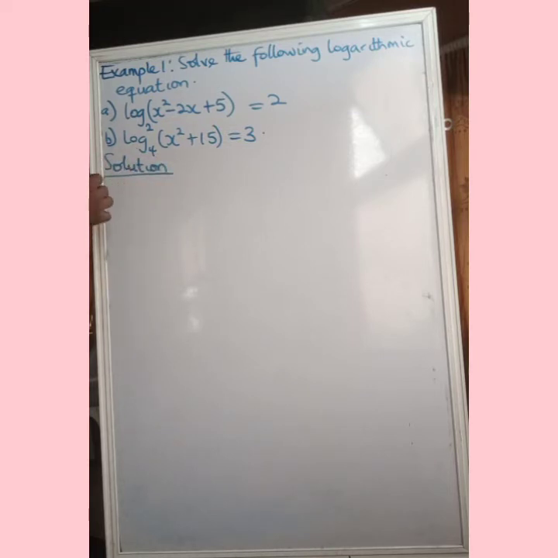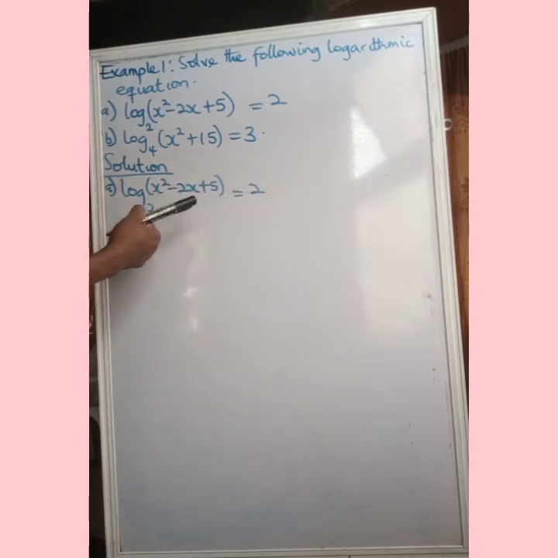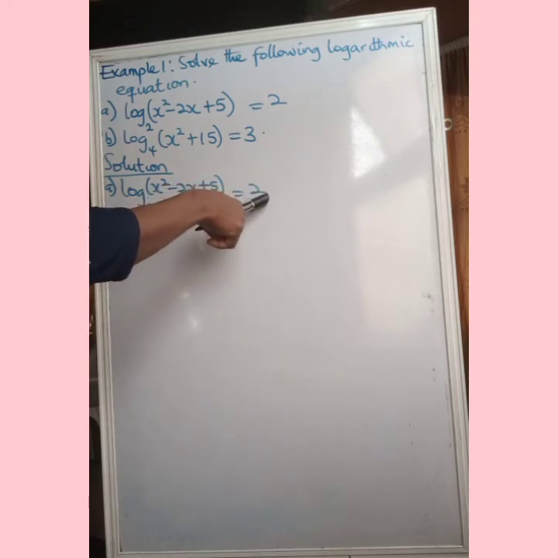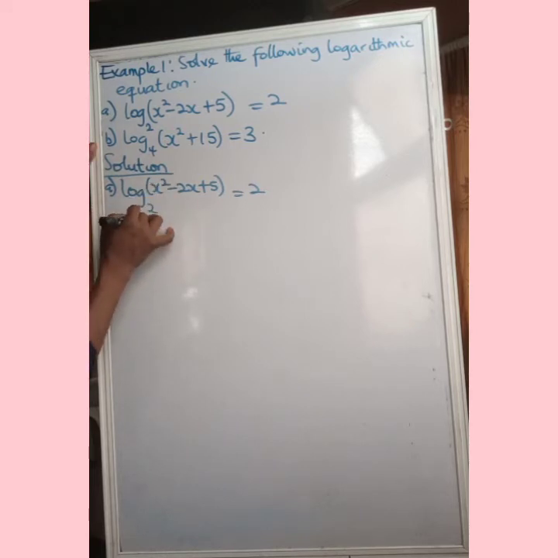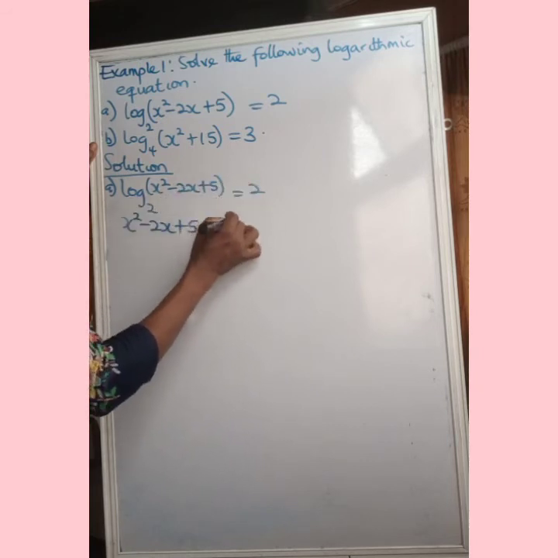Now the question says log of x squared minus 2x plus 5 base 2 equals 2. Remember, this question is in logarithmic form. We want to take it to index form. How do we do that? The base will be raised to power the number in front of the equals to, then equals to this. So let's try it. This x squared minus 2x plus 5 equals 2 raised power 2.